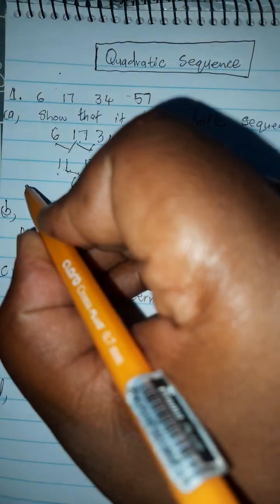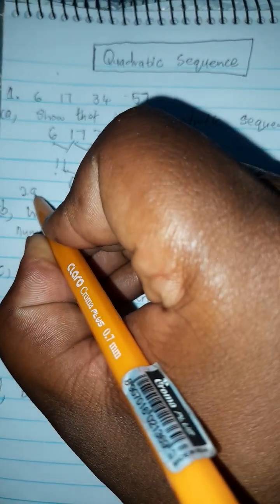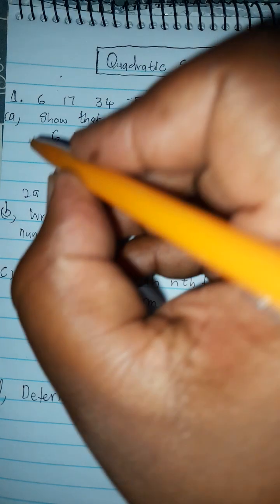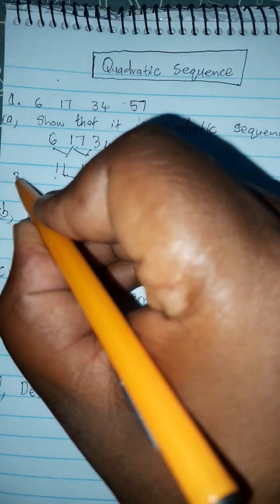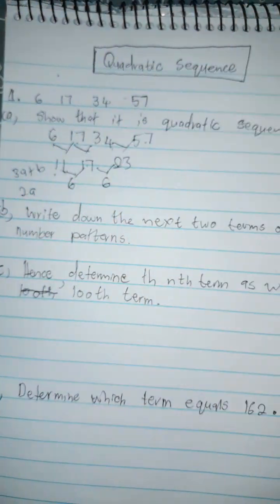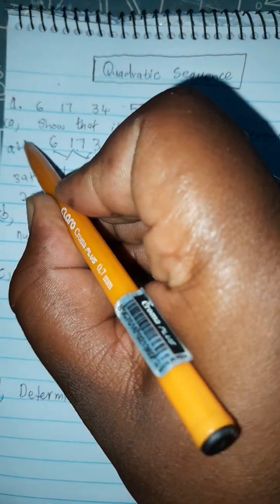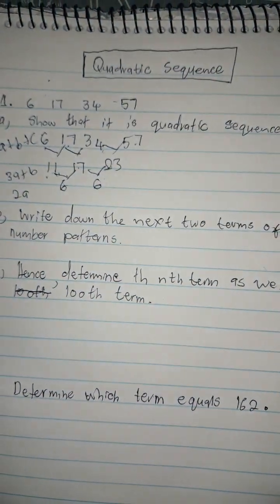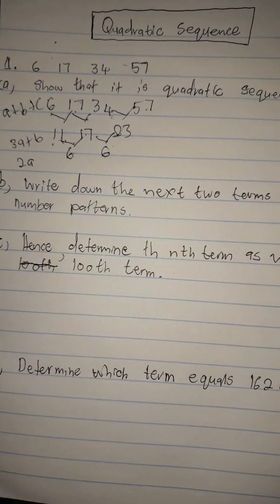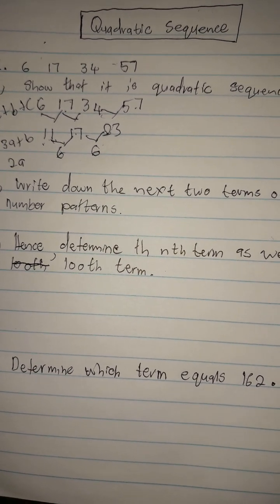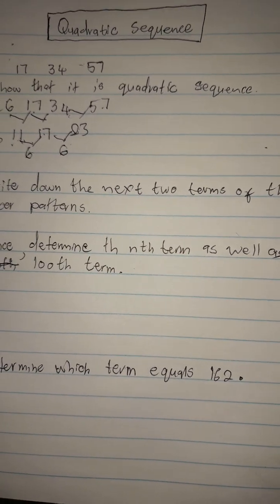This is the second difference, which is denoted by 2a, and this is the first difference, which is denoted by 3a plus b. Then we also have the first term, which is 6 there, a plus b plus c. I hope you can see that. So we have shown that this is a quadratic sequencing.